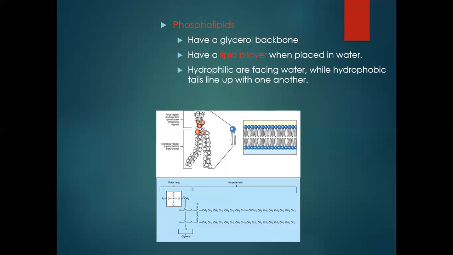We don't want it to be a free-for-all. We don't want stuff to have free passage in and out of the cell. And so this helps regulate what exactly gets in and out. Our hydrophilic heads face out. Hydrophobic tails face in. Let me give you a little trick to remember that in preparation for the next chapter.